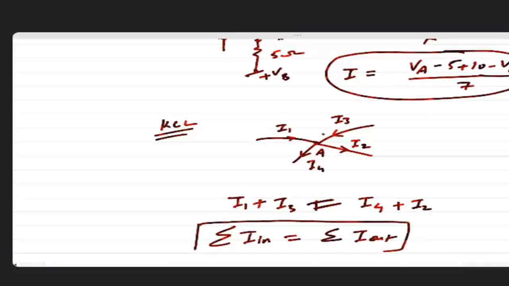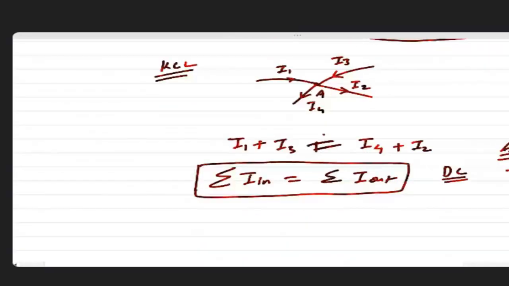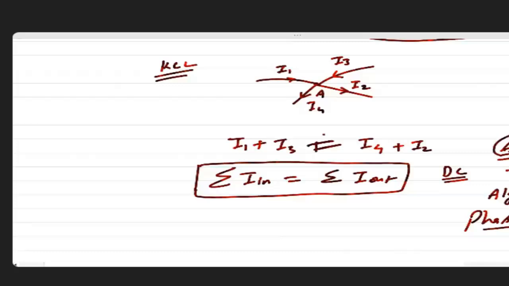This is for a DC circuit. For an AC circuit, we cannot use the term algebraic sum; we have to use phasor sum. When we cover the AC analysis, we will see what a phasor is.